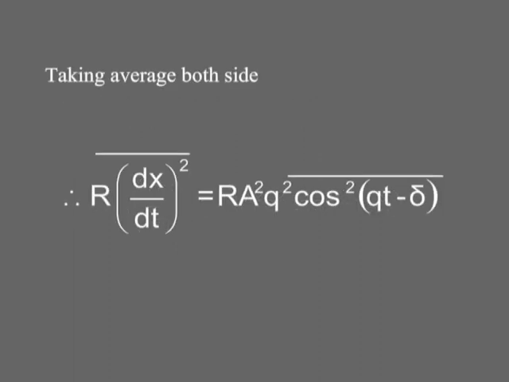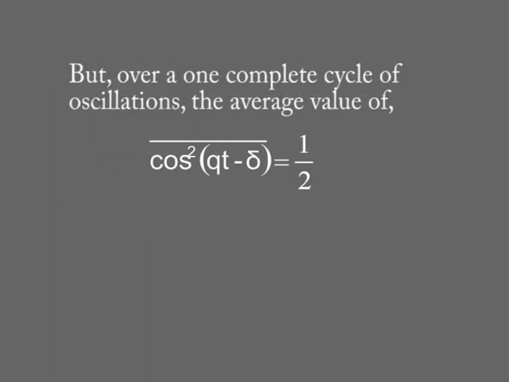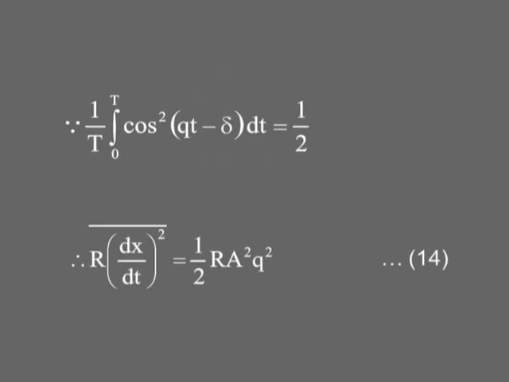Taking the average on both sides, the average of r (dx/dt)² is equal to r a² q² times the average of cos²(qt − δ). But over one complete cycle of oscillation, the average value of cos²(qt − δ) is equal to half, since (1/T) integral from 0 to T of cos²(qt − δ) dt is equal to half.